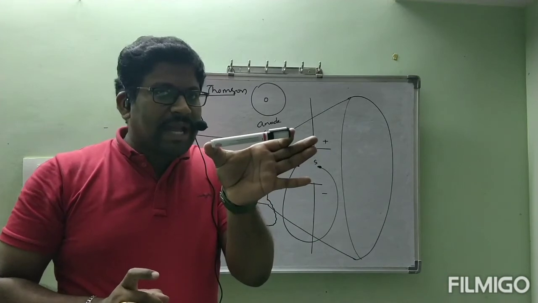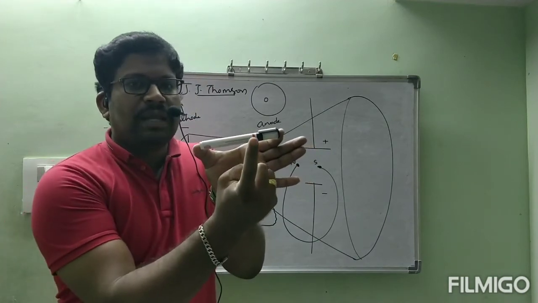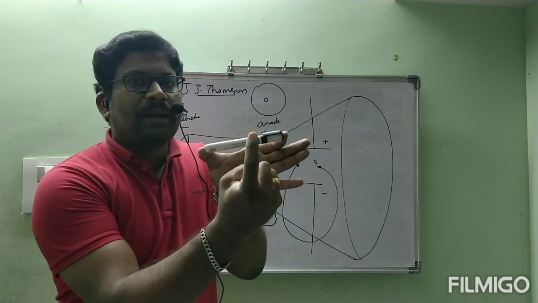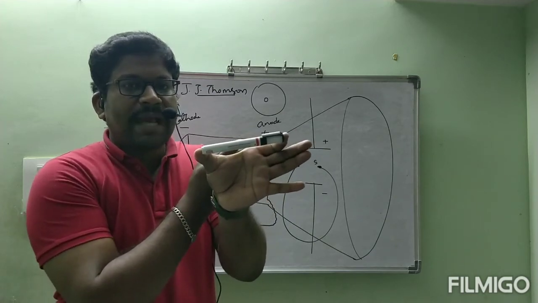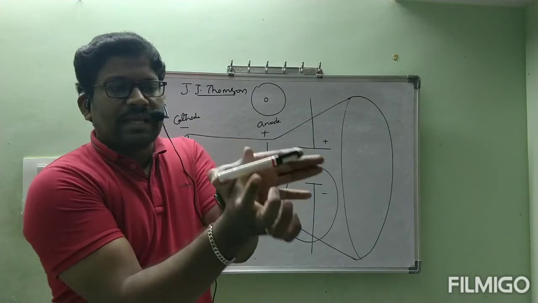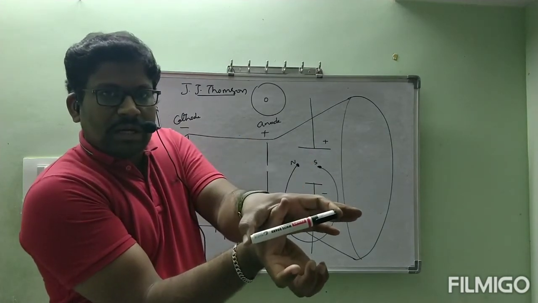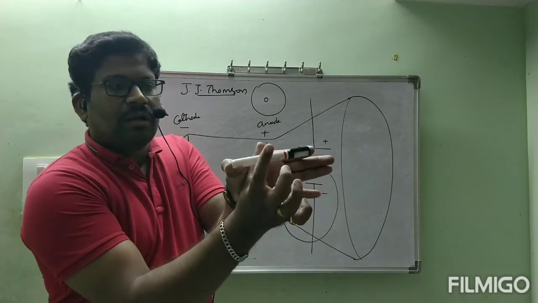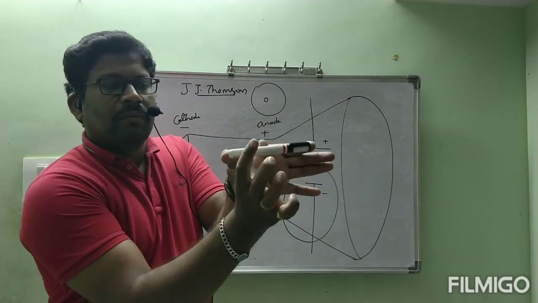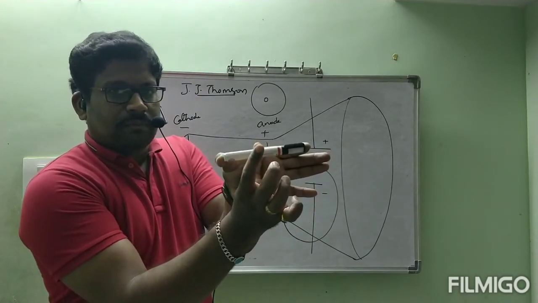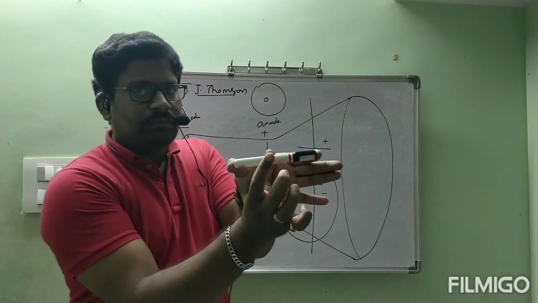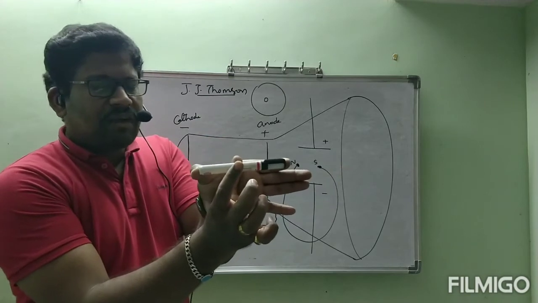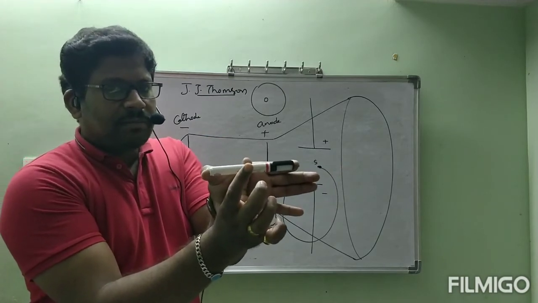Now, what about the magnetic field? I kept the north pole here, above the plane for you, and the south pole here, back side. Like this I kept a horseshoe magnet. The magnetic field will be from north pole to south pole, and the electric field will be from positive plate to negative plate.